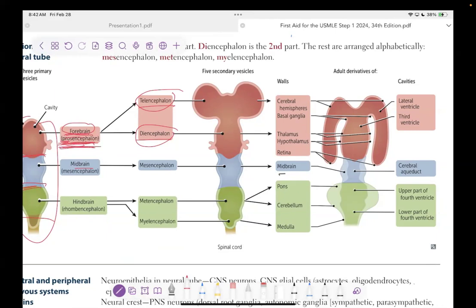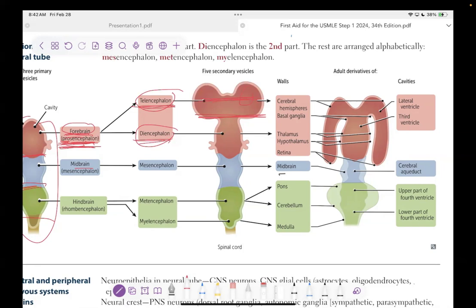It is the primary brain tissue. Pro means primary, right? So it makes the telencephal and diencephal. It makes the brain tissue. Which part of the brain tissue? Telencephal is the front part of the brain. Tele: whenever we see television, we see with eyes, right? So telencephalon makes the frontal part of the head, and diencephalon is afterwards.